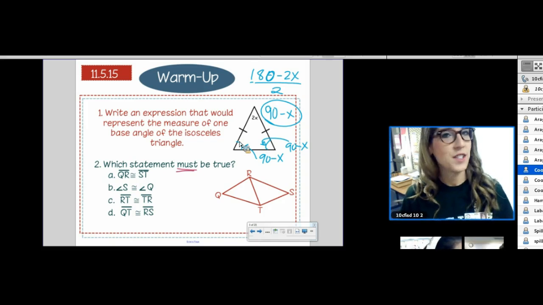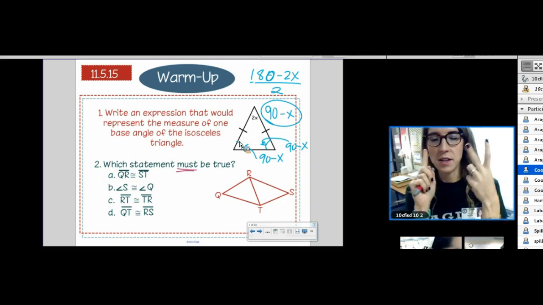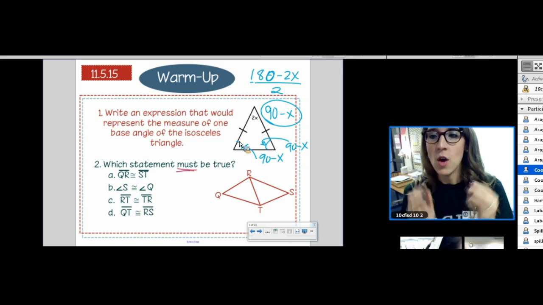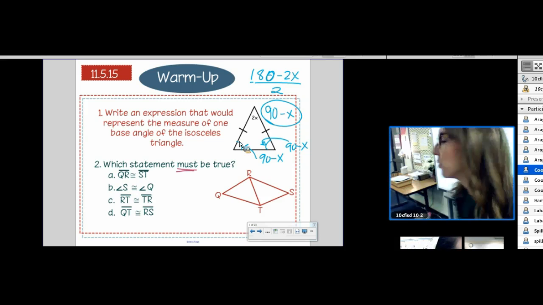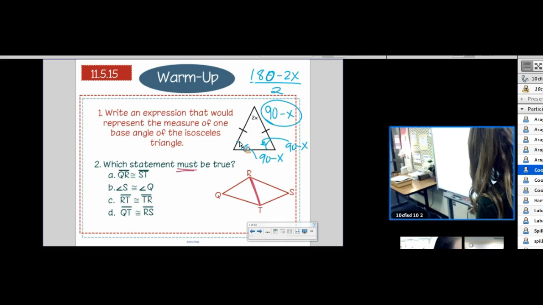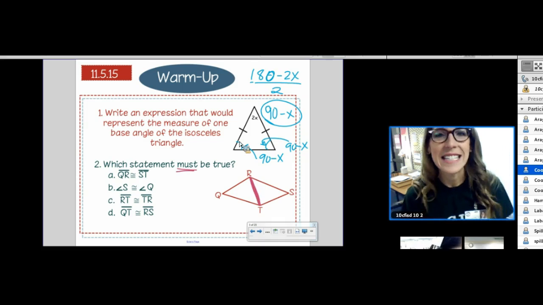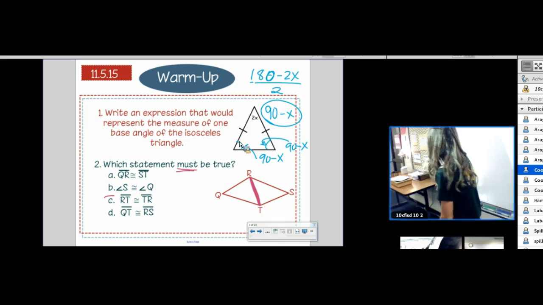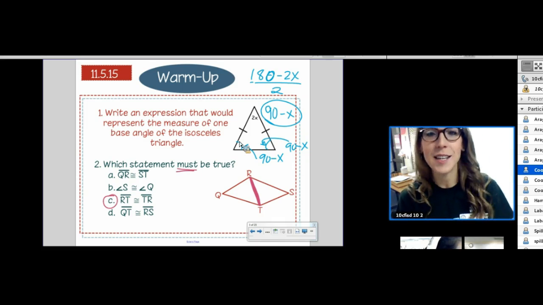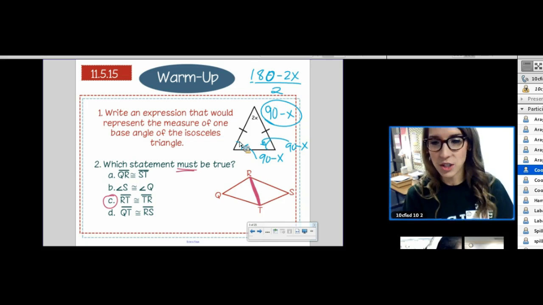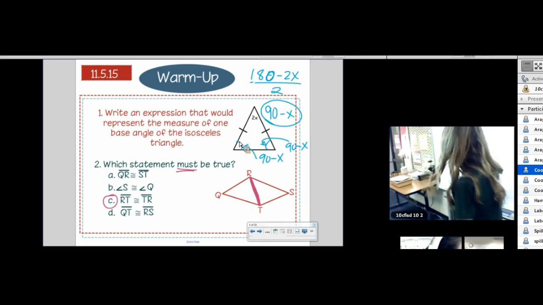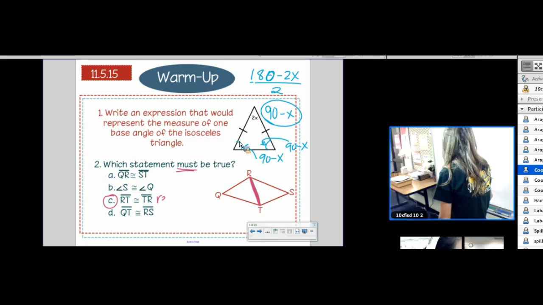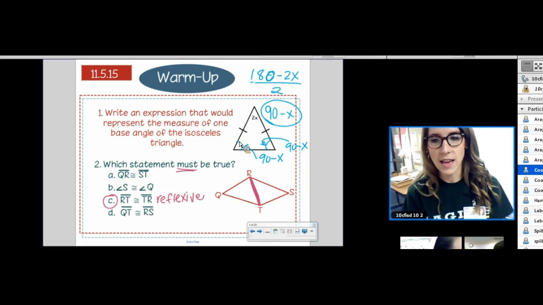Because this figure has no markings, no tick marks, no arcs on the angles, the only thing we're allowed to assume is literally that that segment equals itself. RT equals TR. That is the only thing we are allowed to assume, that a segment is congruent to itself, which is always true no matter what the picture looks like. And that is called the reflexive property of equality, and it is a paramount property in this unit.